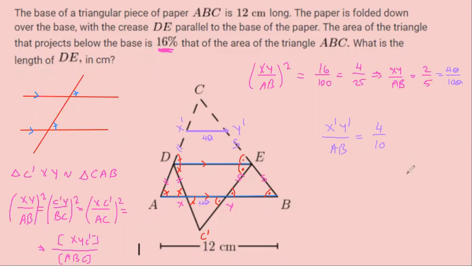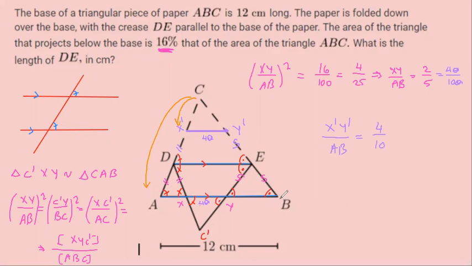Again, this is coming from 2 over 5; I just used 4 over 10. So if that is 4 over 10, I do know just because of similar triangles, this one divided by this one should be 4 over 10 as well, because CX prime Y prime is similar to CAB, because this is parallel to that one. So you have this angle the same as this one, and this angle the same as this one.